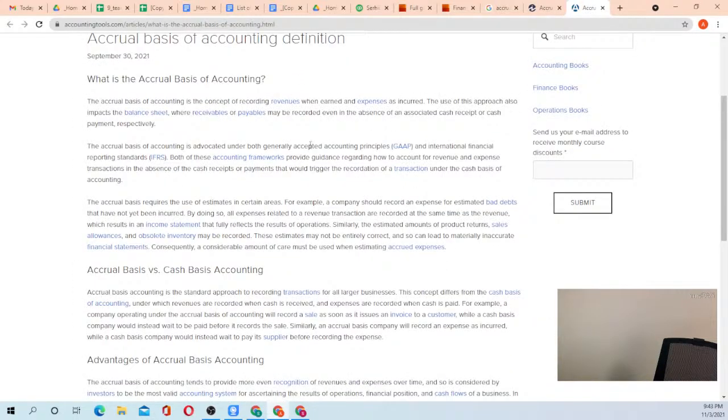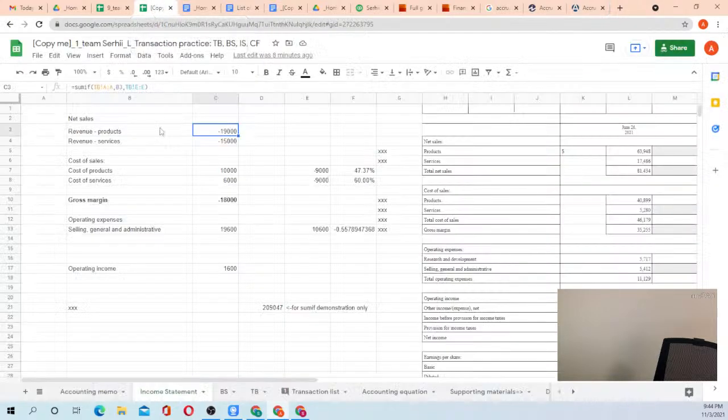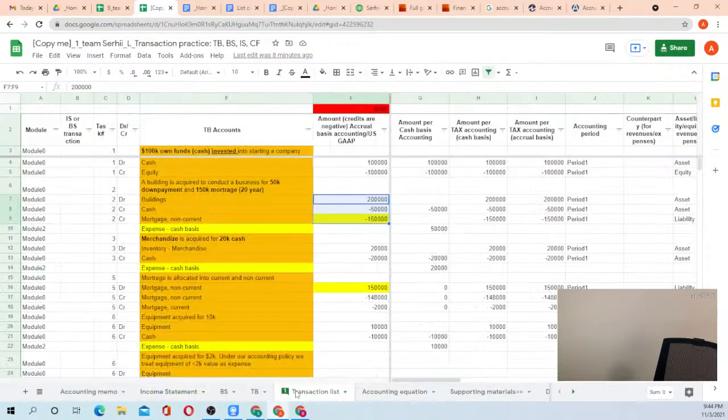Let's see if we have other definitions. So the other one says that we record revenues when earned and expenses when incurred. And let's do an example. Let's go to our transaction list.